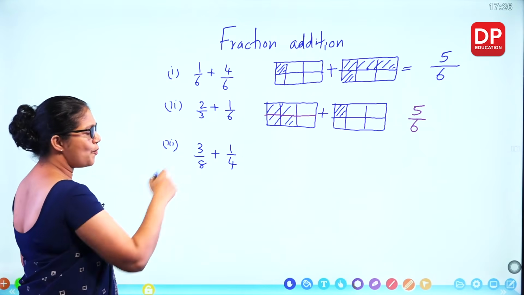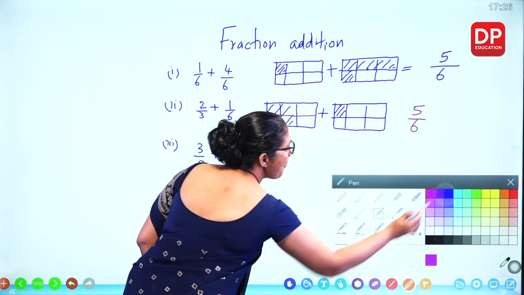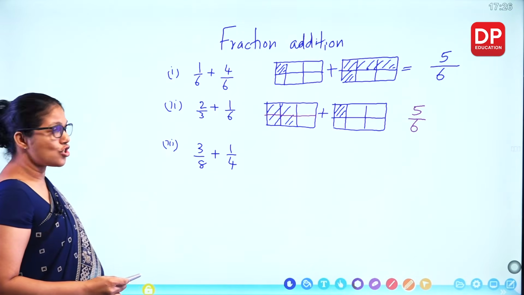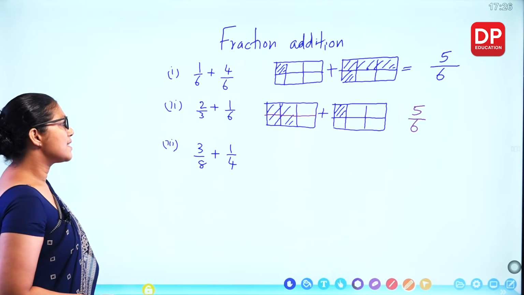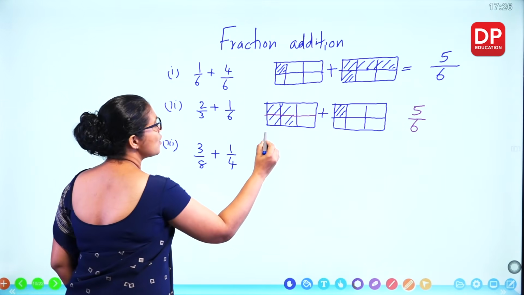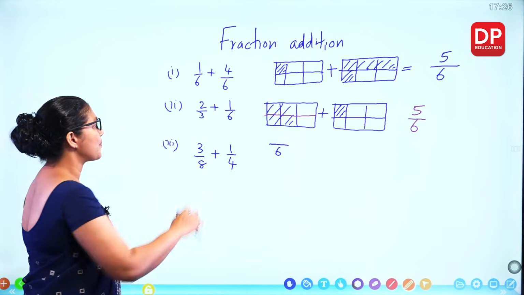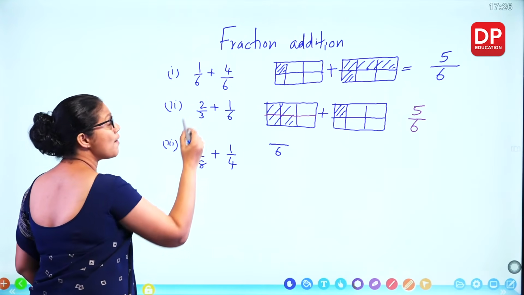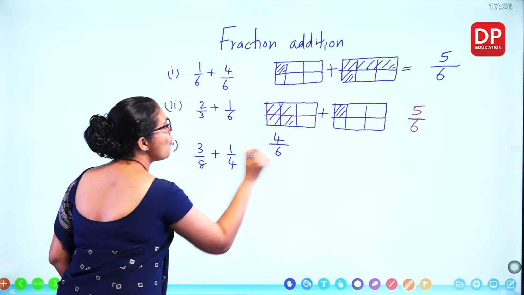So we'll see how we can get this answer without drawing the diagram. We can find the equivalent fraction to 2/3 and then add the numerators. Take 2/3. What's the equivalent fraction to get 6 parts? 3 you can multiply by 2 to get 6. You have to do the same thing for the numerator: 2 times 2 is 4.